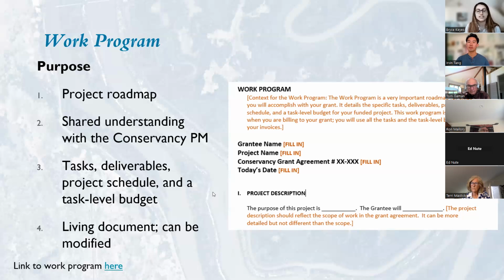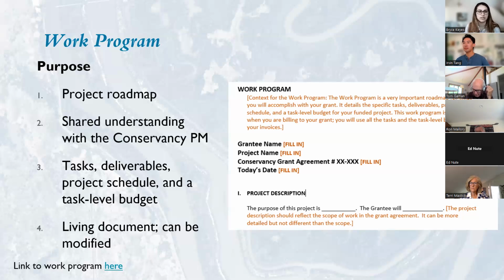And for each of those tasks, you will have deliverables, and we define deliverables as documents or pictures showing that the work for that task has been completed. That can be progress reports, receipts from contractor work, or photos of the community engagement workshops.